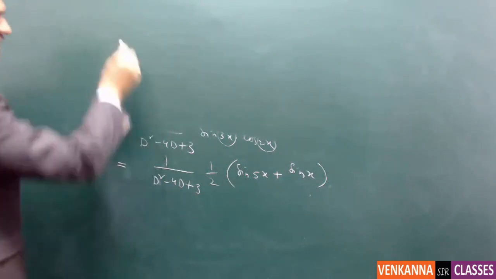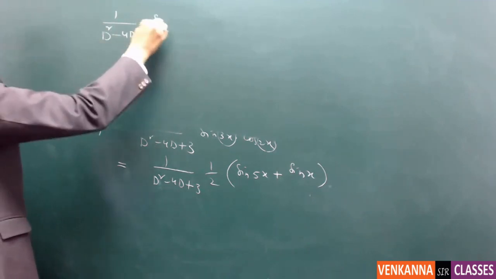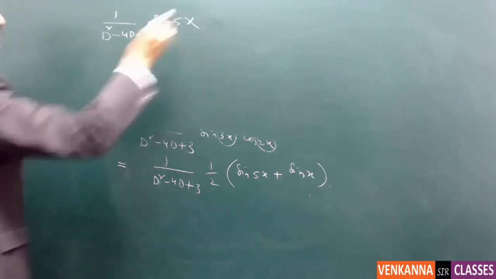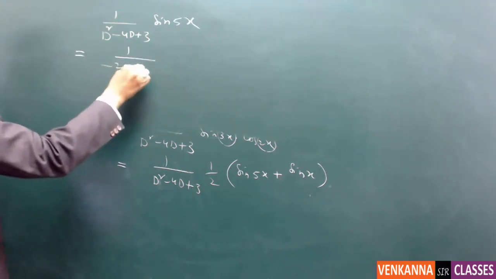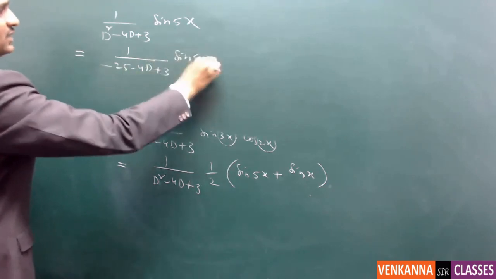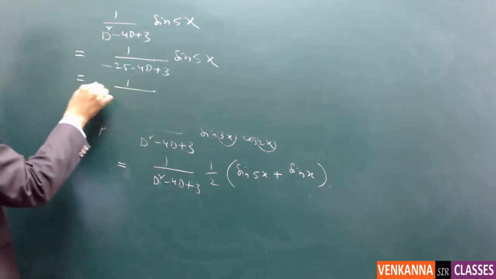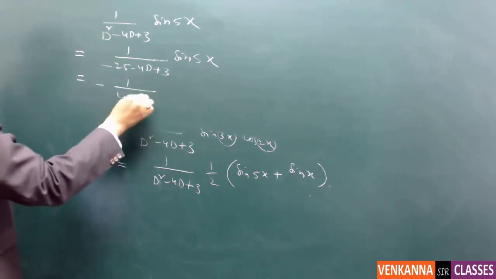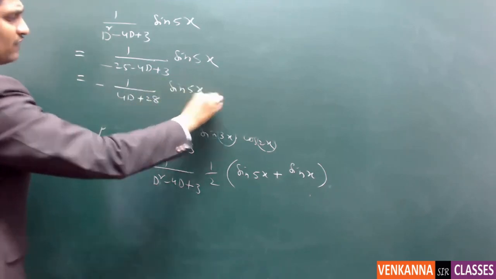Just consider the part 1 by d square minus 4d plus 3 into sin 5x. If you replace this, 1 by minus 25 minus 4d plus 3 into sin 5x. So 1 by minus 4d plus 28 sin 5x.